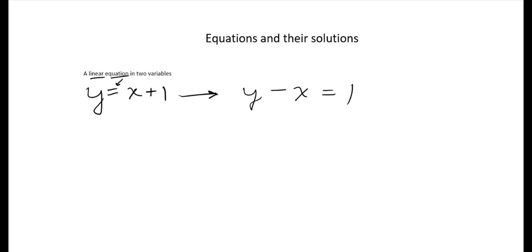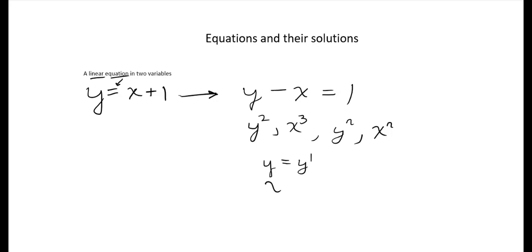That and the fact that we don't have anything like y squared or x cubed or x or y to any other power. Whenever there's nothing present in the exponent area of a variable, realize it's just an invisible 1, right?